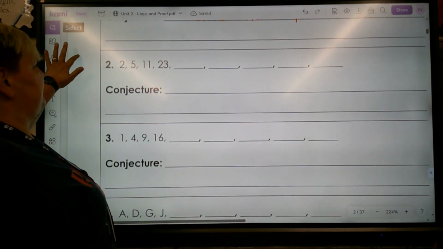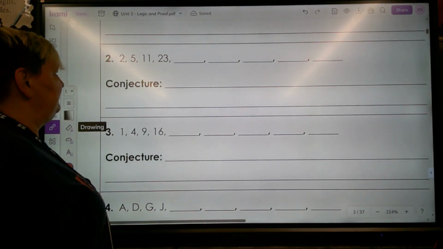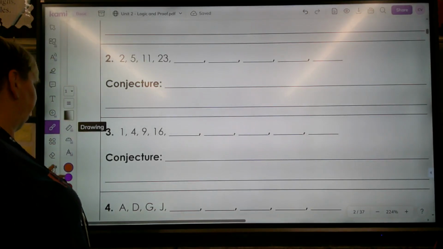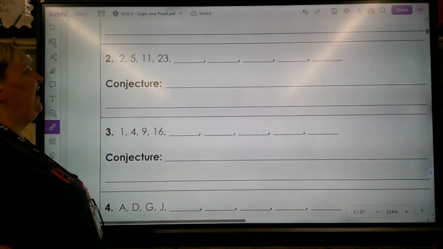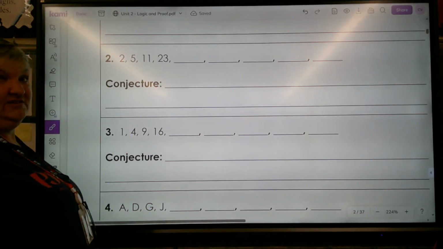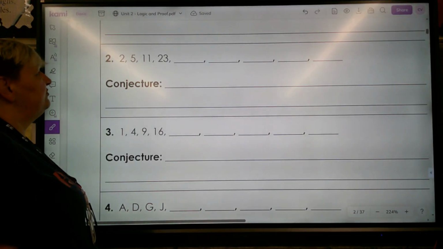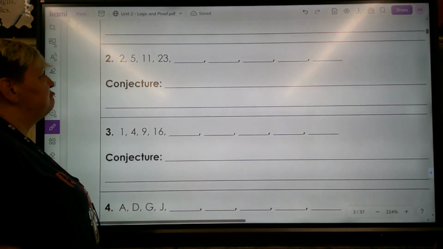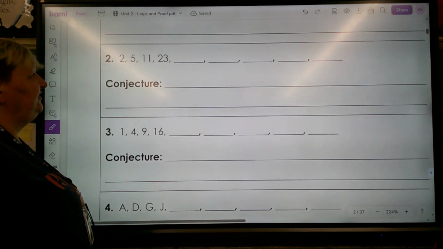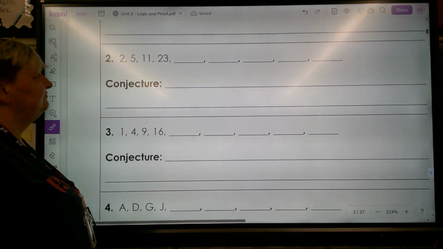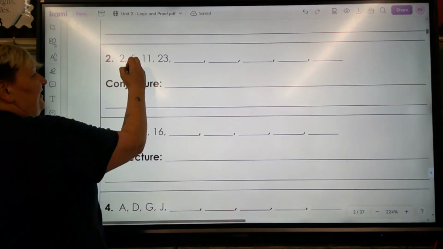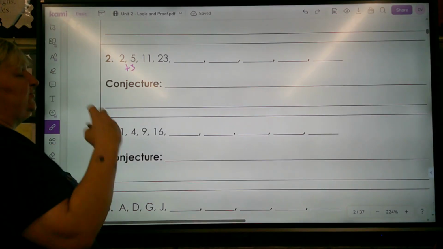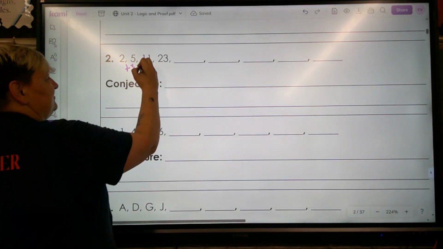All right, number 2 says 2, 5, 11, 23. Let's see if we can find a pattern for those numbers. 2 to 5, we're increasing. What else do we know? 2 to 5 goes up 3. Then we go from 5 to 11, which is 6.